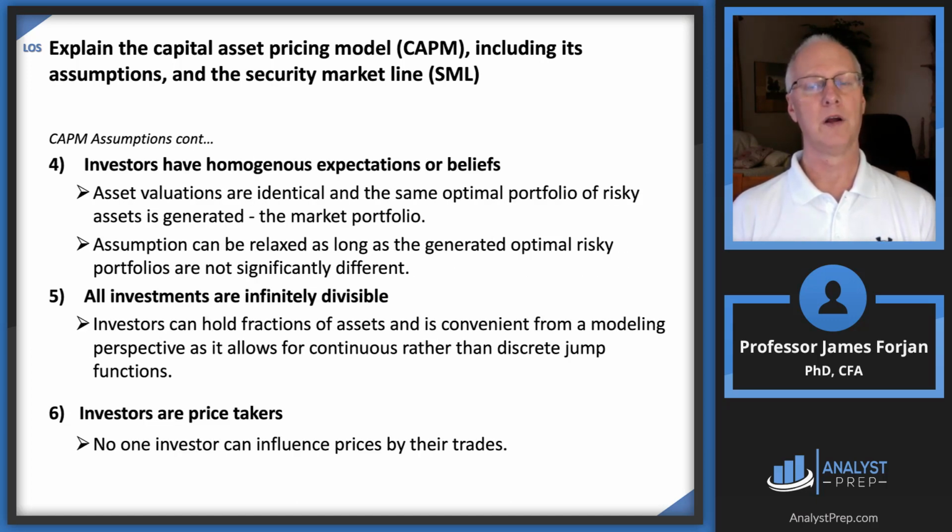Here's a good one here. What William Sharpe assumed is that investors not only can process this information completely and accurately and perfectly and arrive at the identical rational decision, but that all investors think alike. That's what homogeneous expectations means.